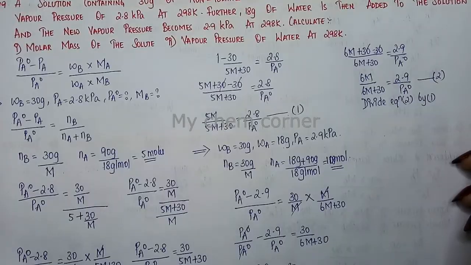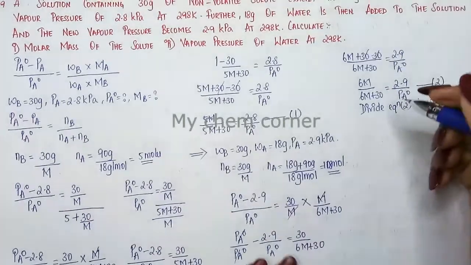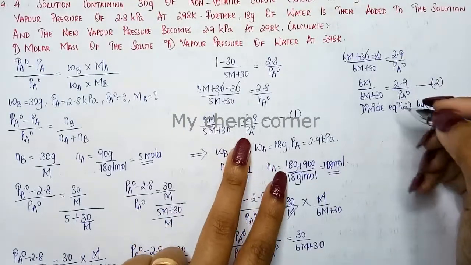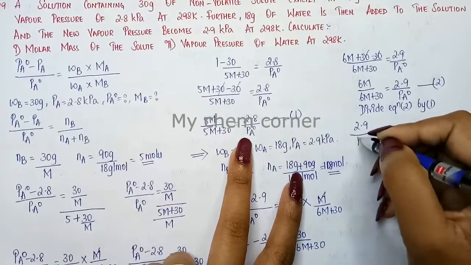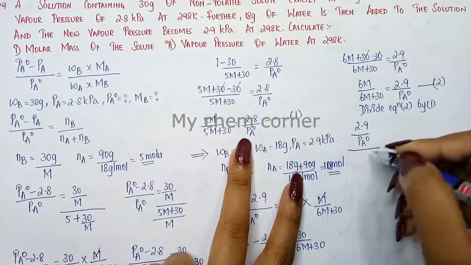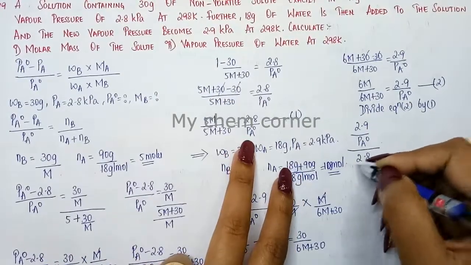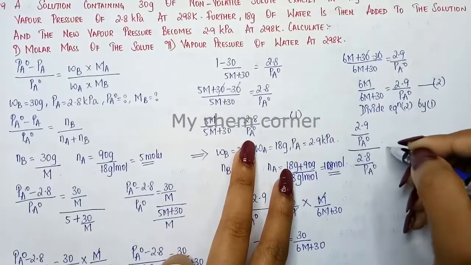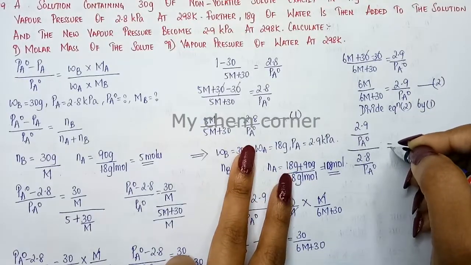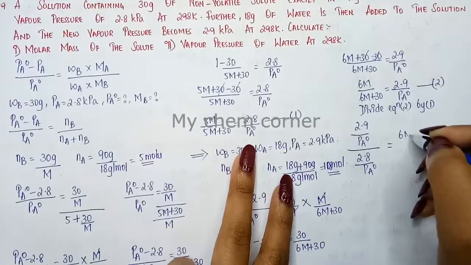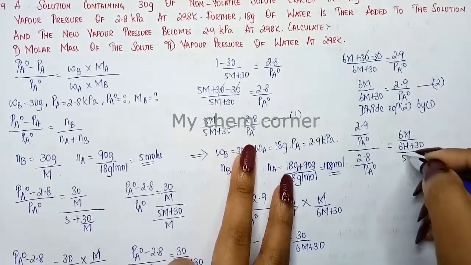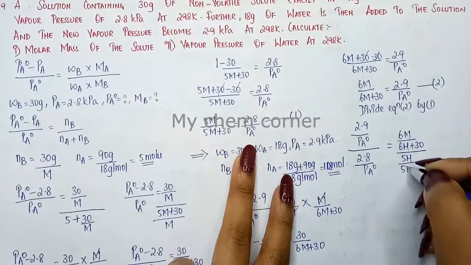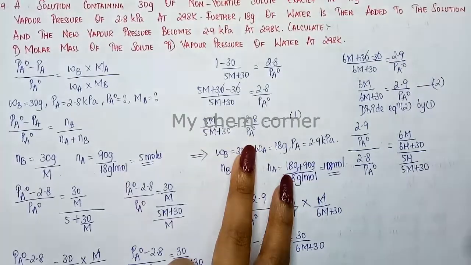Alright, when I divide equation 2 by 1, I will end up getting 2.9 by PA naught divided by this 2.8 by PA naught, which is equal to 6M by 6M plus 30 divided by 5M by 5M plus 30.